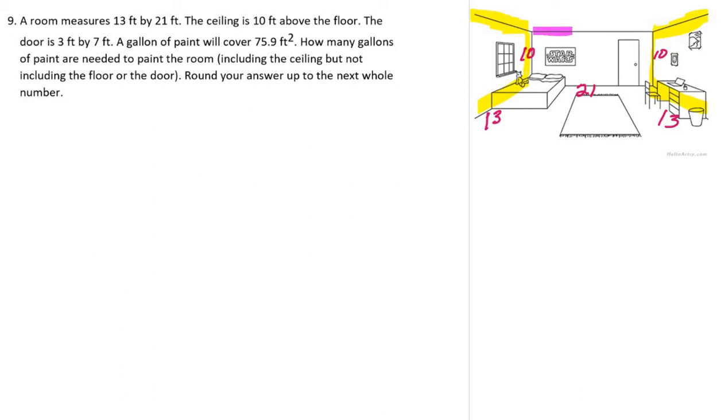Then I have this wall that I'm looking at straight on, and then there's a wall behind me that's going to be the same size as the wall that I've highlighted in pink. And we also need to be painting the ceiling. So I have to find the area of all of that and then account for the door as well.